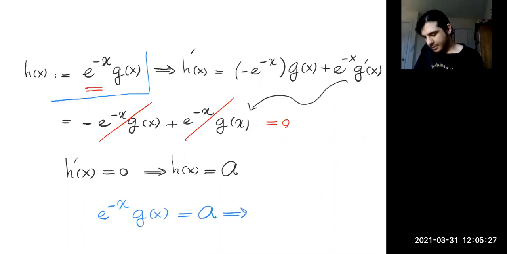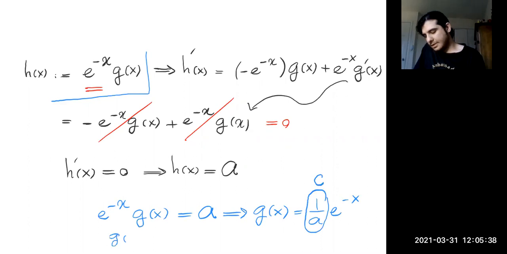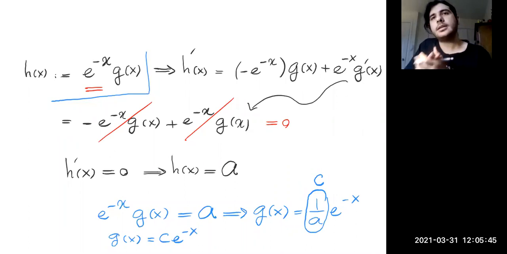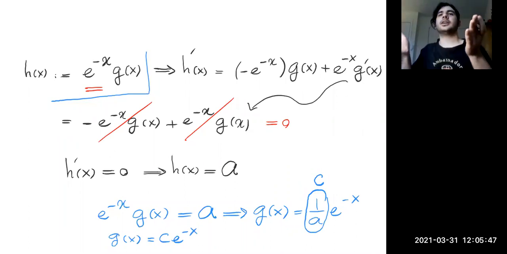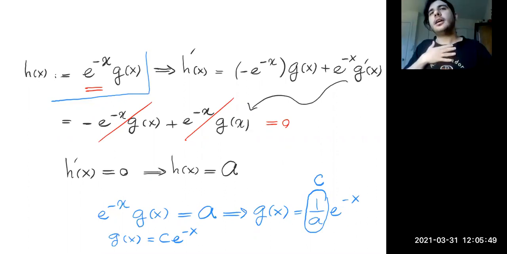Therefore, g of x is just 1 over a times e to the x. 1 over a is another constant, I show it with c. So g of x is c times e to the x. So there is no other function. g of x has to be of the same form.